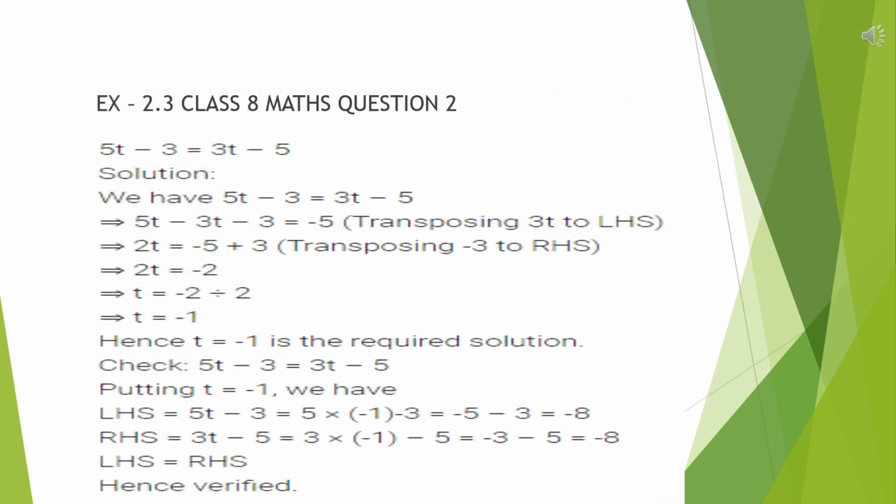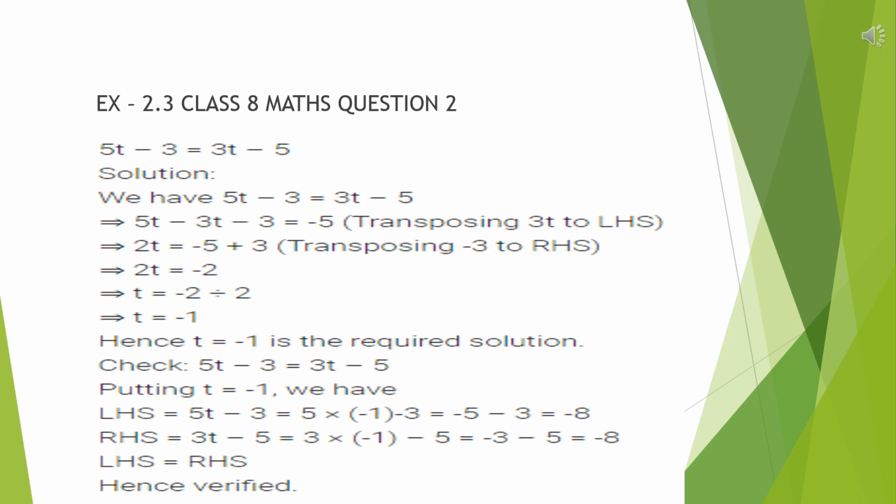Let's continue with question 2: 5t minus 3 equals 3t minus 5. In this equation, firstly we will take the unknown variable to the LHS and the known variable to the RHS. So we will take 3t to the LHS and minus 3 to the RHS. We know that after transposing, the sign will get changed.